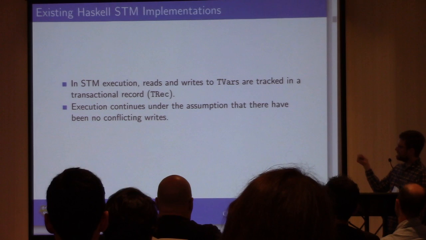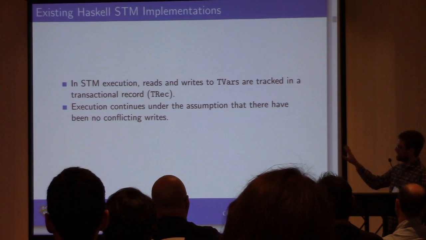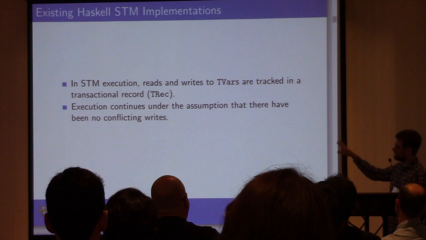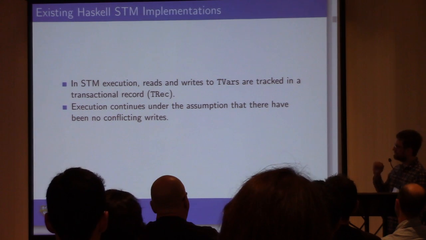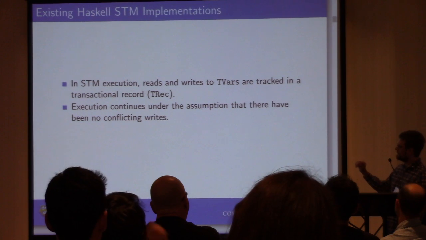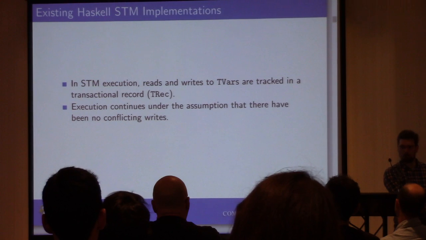We're going to track those reads and writes, not actually perform them, but track them in the transactional record. If you do a read that you've already written to, you'll see that read out of the record, but we don't actually touch any of the mutable state until we get to the end. We make this assumption that things are going to work out.